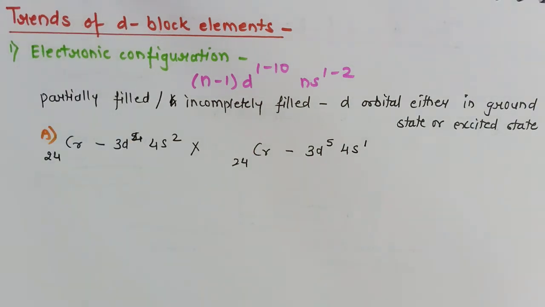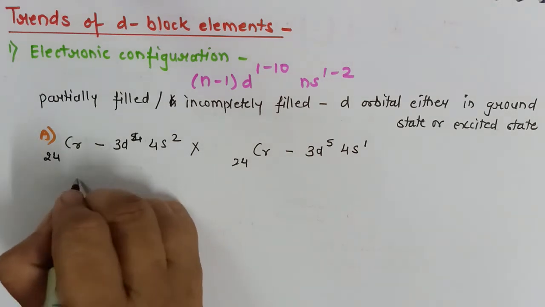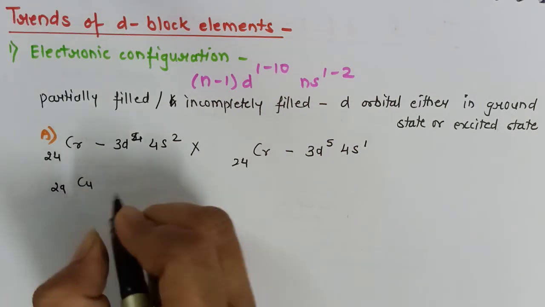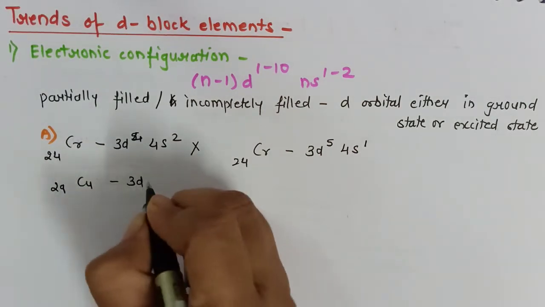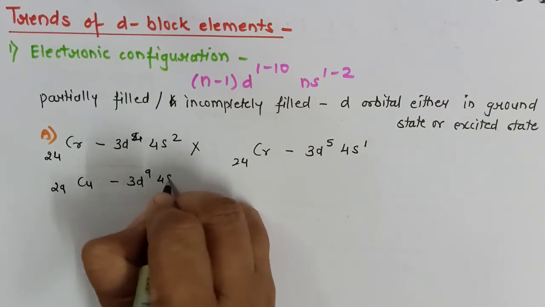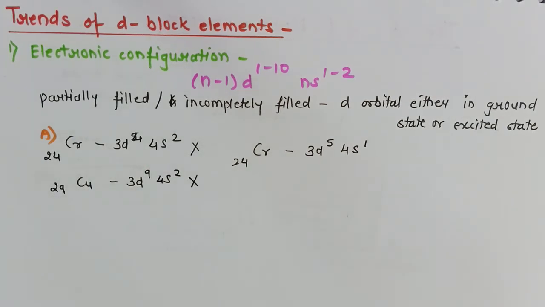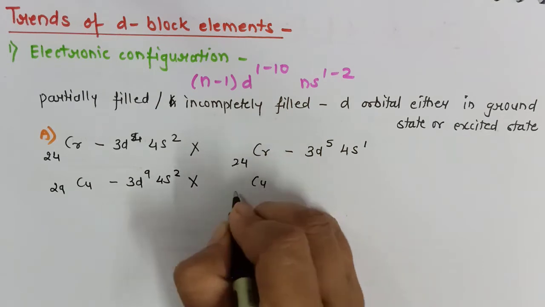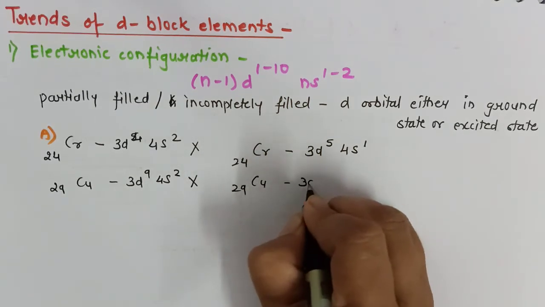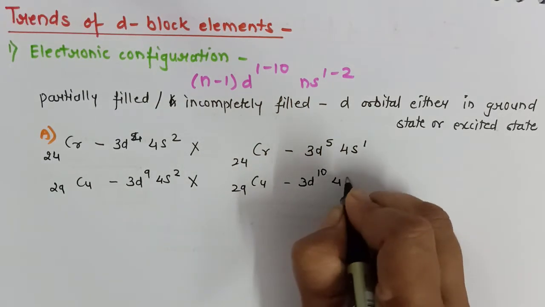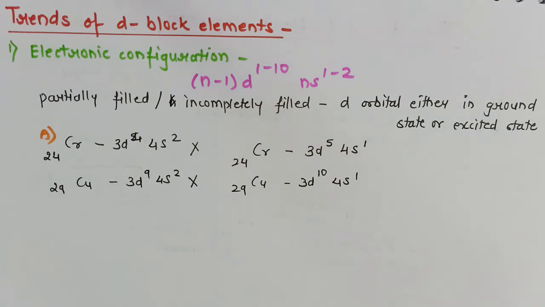Secondly, copper with atomic number 29 should actually show the configuration 3d9 4s2, but it does not. Instead, it shows the exceptional configuration 3d10 4s1. These two are exceptional cases.